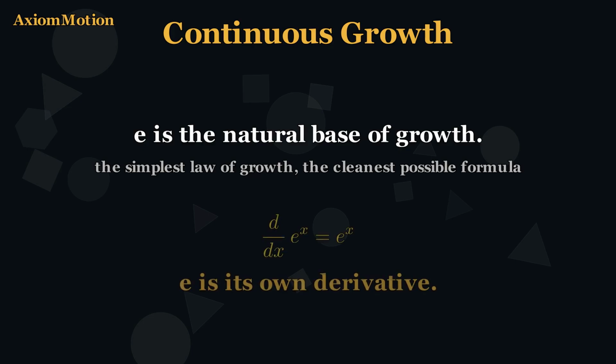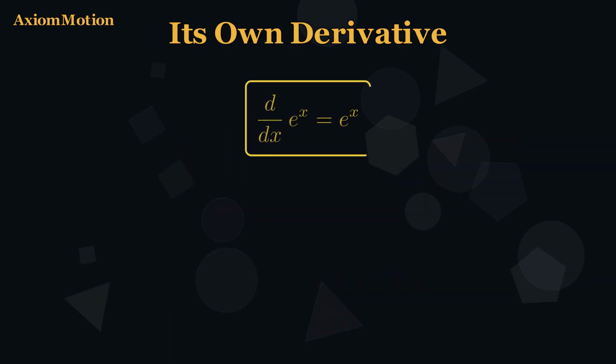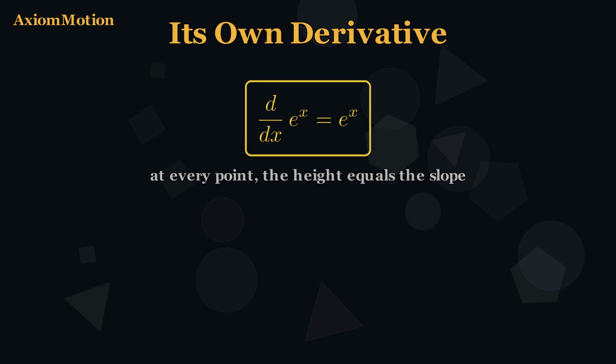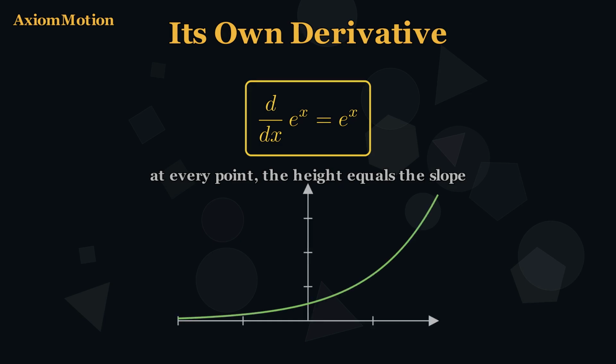And hiding inside all of this is the single most remarkable property of e, the one that makes calculus fall in love with it. e to the x is its very own derivative. We ended last time with a teaser, and it is worth pausing on because it is the property that makes e special. The derivative of e to the x is again e to the x. Think about what that means. The derivative is the slope of the curve.